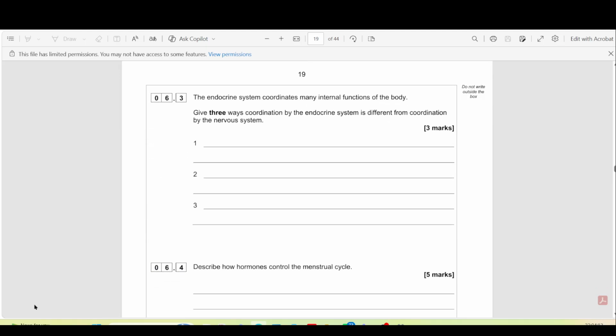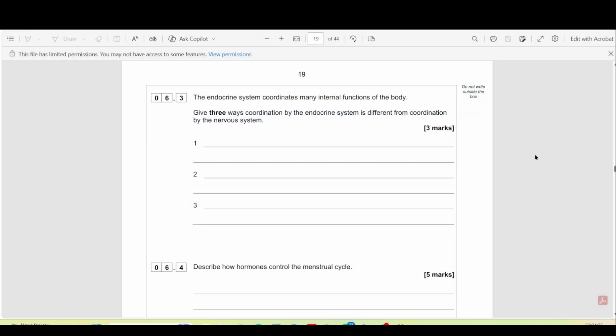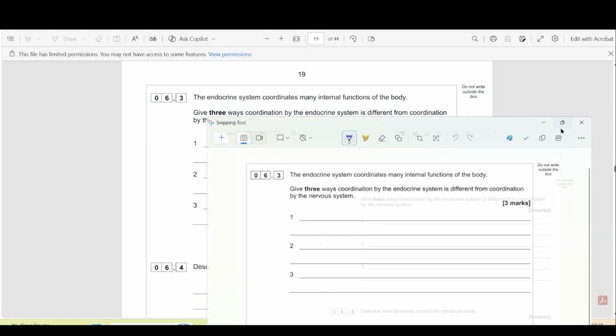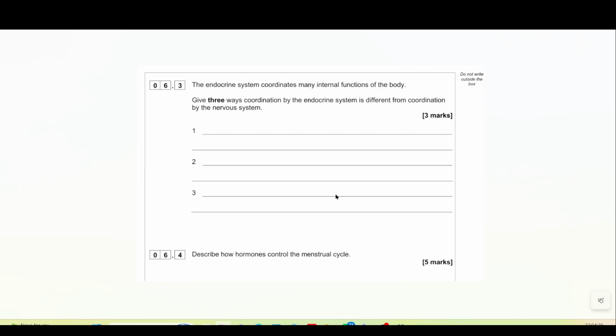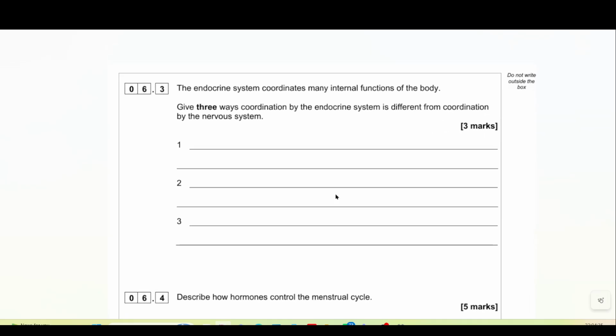First is speed of response. The endocrine system is generally slow and the nervous system works very rapidly.